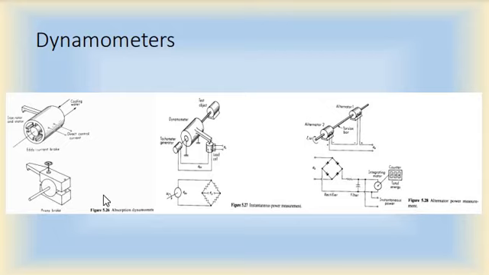The next type of absorption dynamometer is the water and air brake. The figures of those are not given, but in such brakes, the churning action of paddle wheels or vanes rotating inside a fluid filled casing will absorb power. In such cases, the flow of air or water through the device is maintained for cooling purposes.